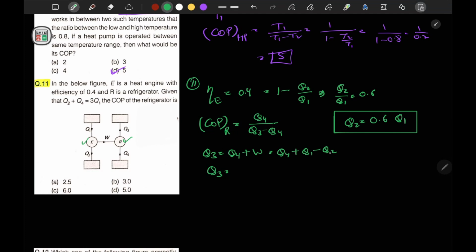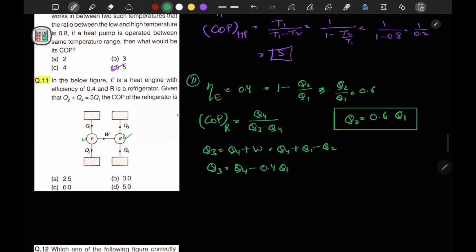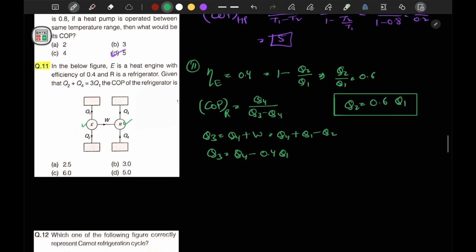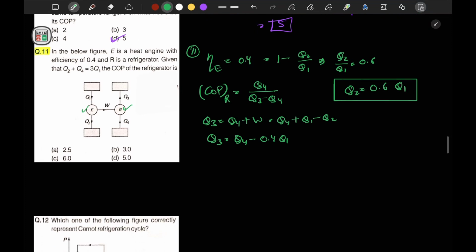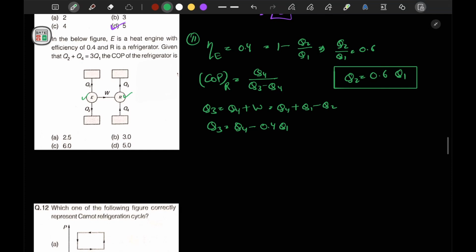Substituting Q2 equal to 0.6 Q1, we get Q4 plus 0.4 times Q1. This is our equation number 2, and the earlier one is equation number 1.